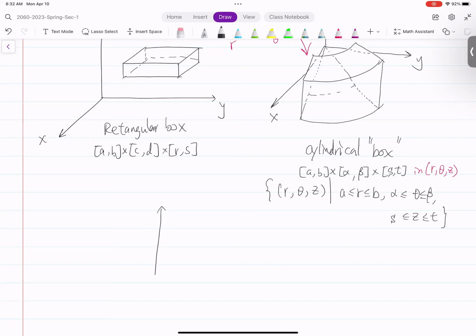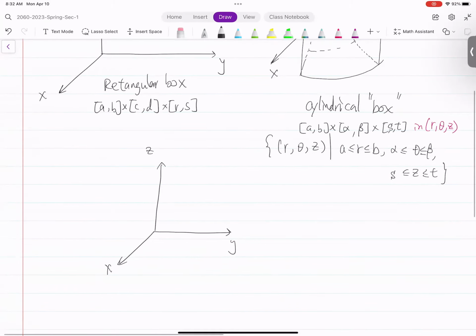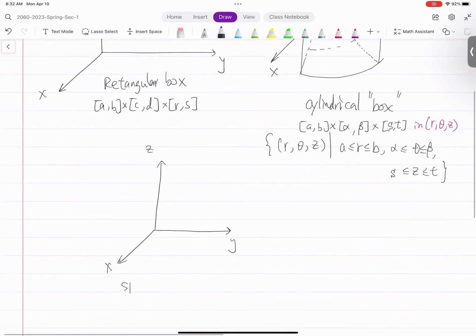So what happens is in a spherical system, you have x, y, and z right here. If you look at a spherical box, it will be a wedge. We have the nicer figures in the previous section, so I'm not gonna repeat that again.